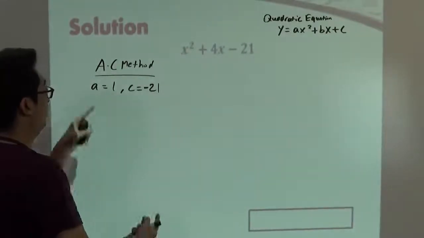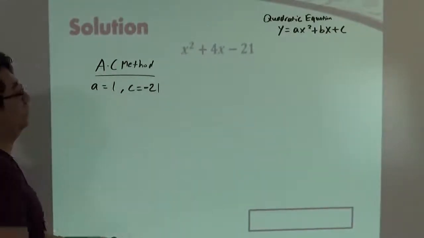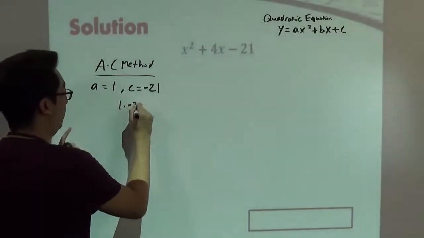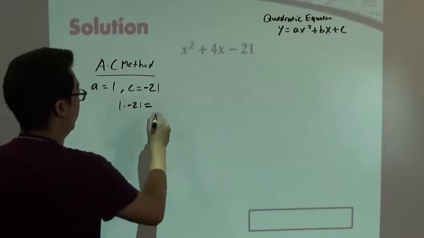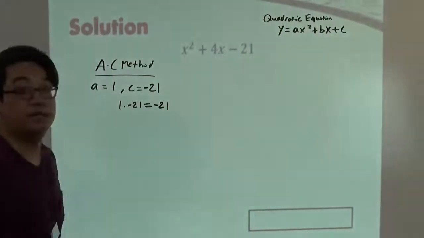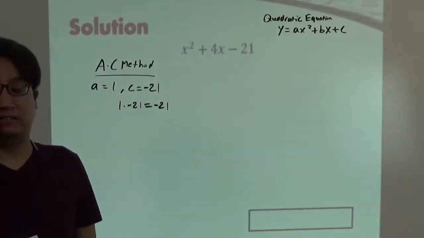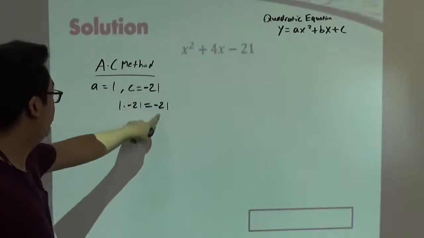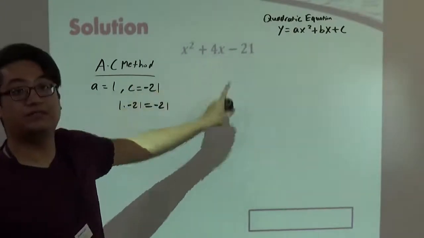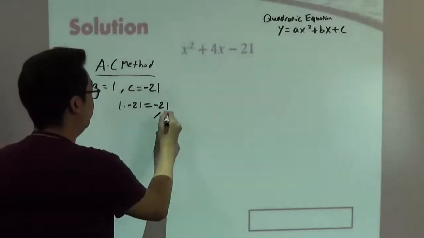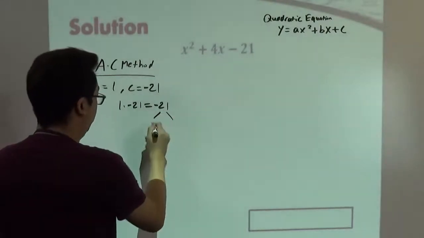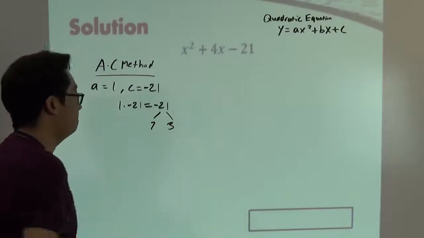Now what do we do? AC is A times C, so we take our A and C and multiply. 1 times negative 21 gives us negative 21. Now we find factors of negative 21 that can be combined to get 4x. We know 21 is 7 times 3.